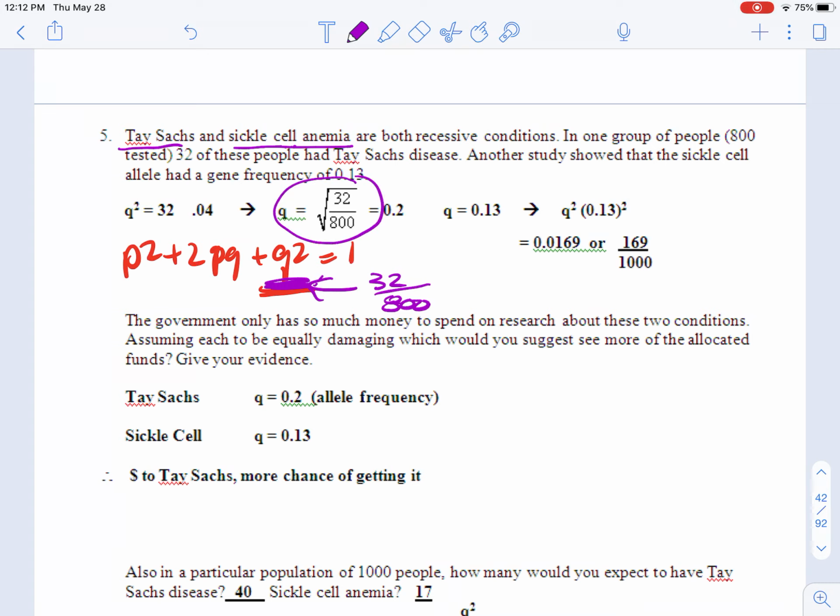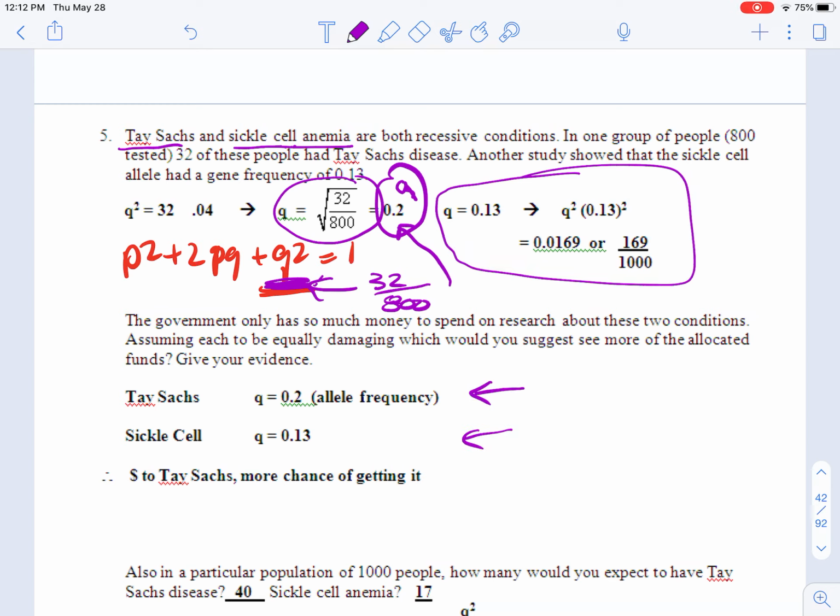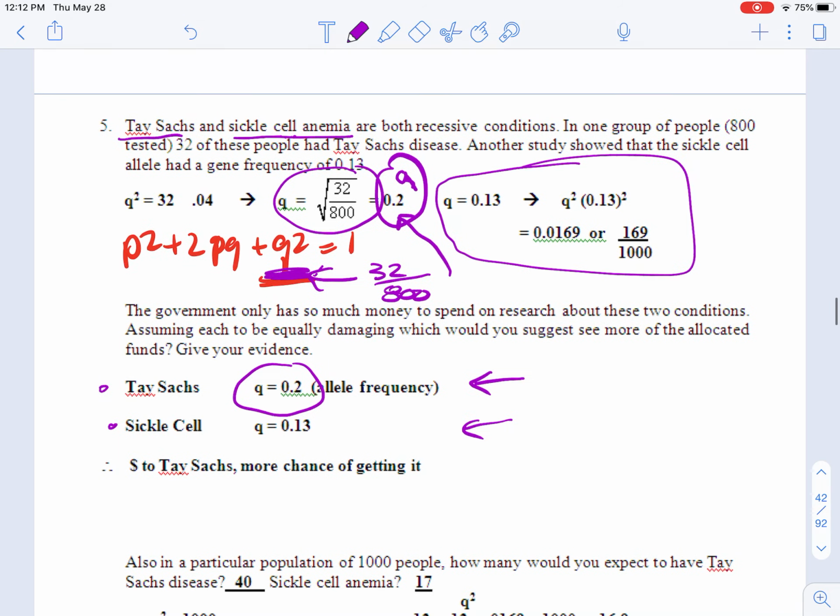When we put that in the calculator and square root it, we get 0.2 for q for Tay-Sachs, and they already told you that the frequency for sickle cell is 0.13. Comparing the allele frequencies of 0.2 for Tay-Sachs and 0.13 for sickle cell, we can see that this is almost twice as many Tay-Sachs.